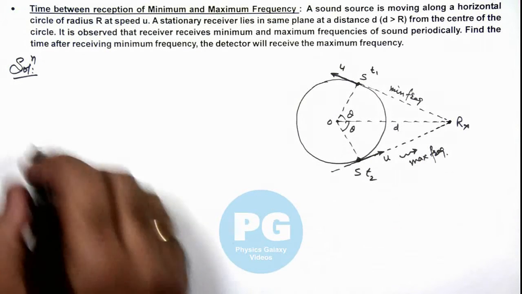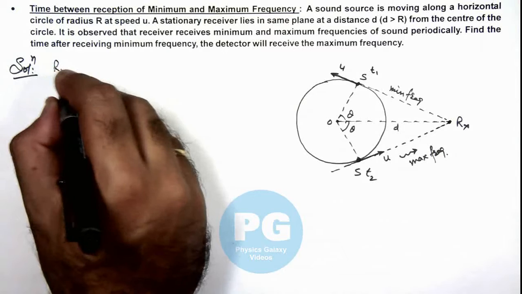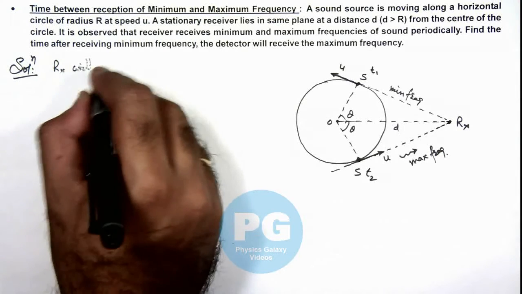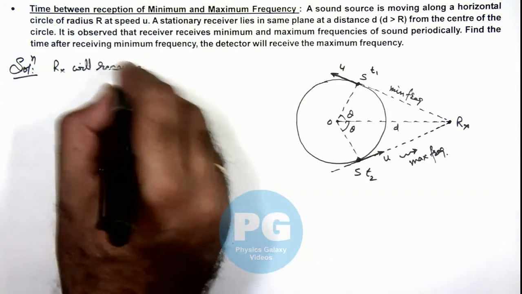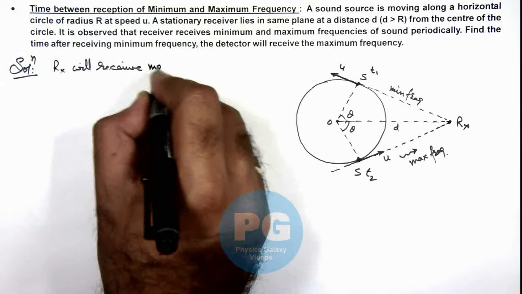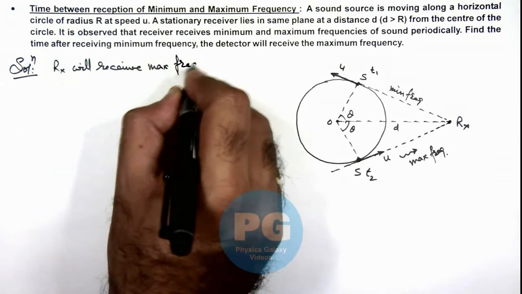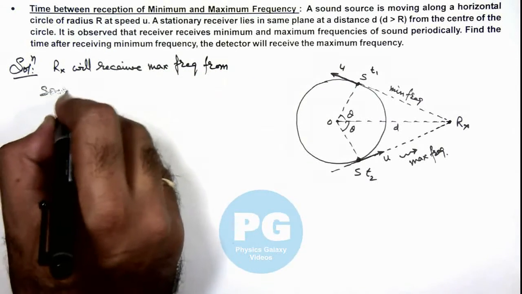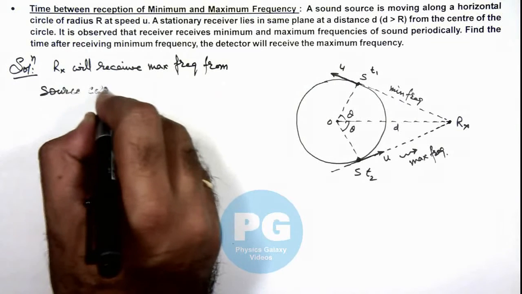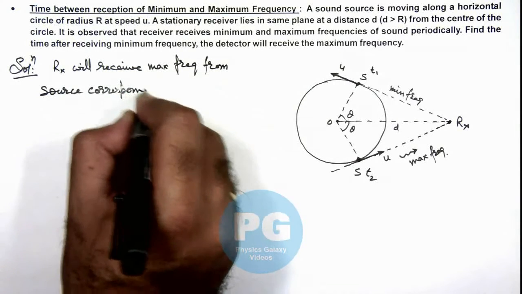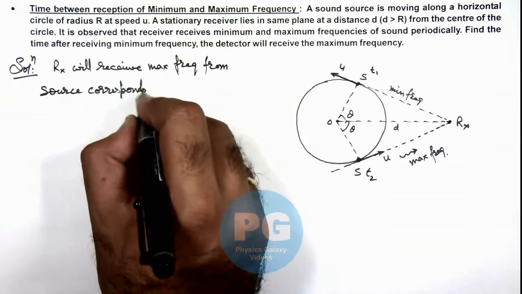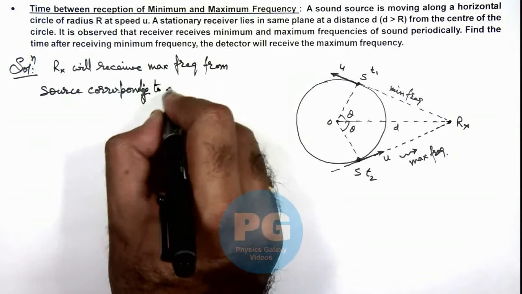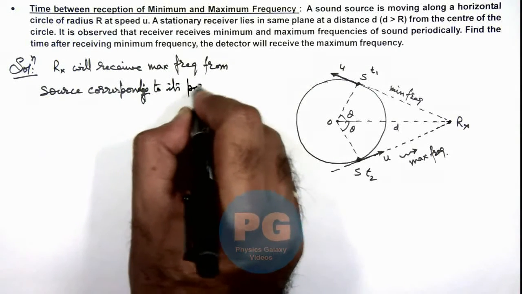So here we can write, a receiver will receive maximum frequency from the source corresponding to its position x.